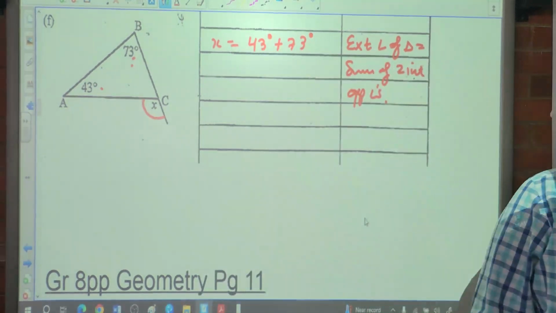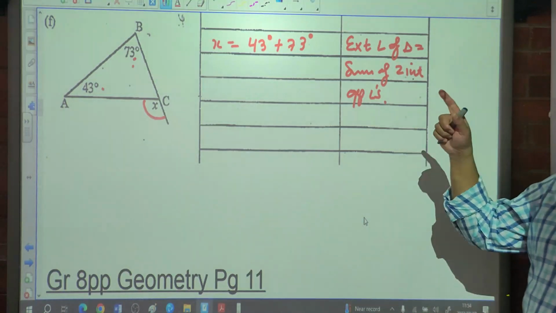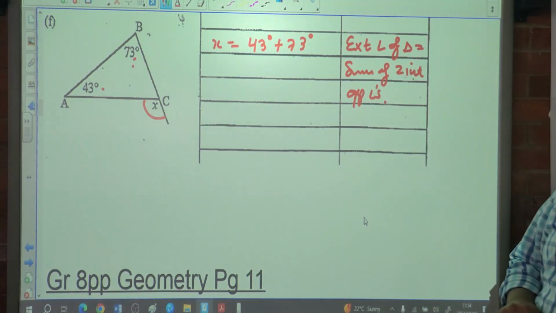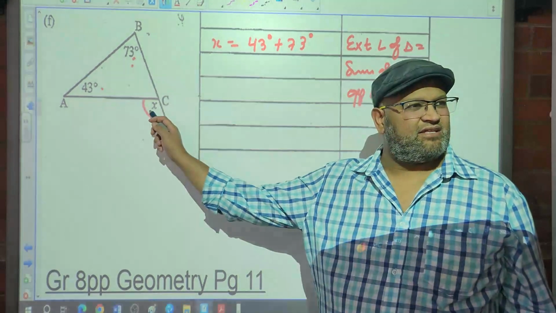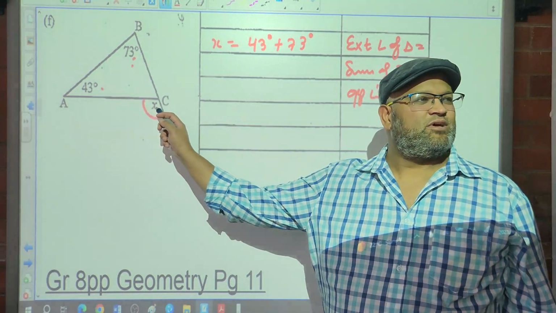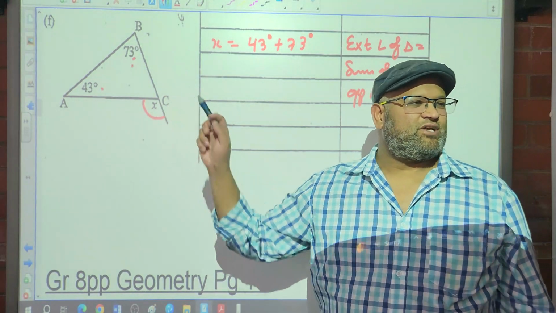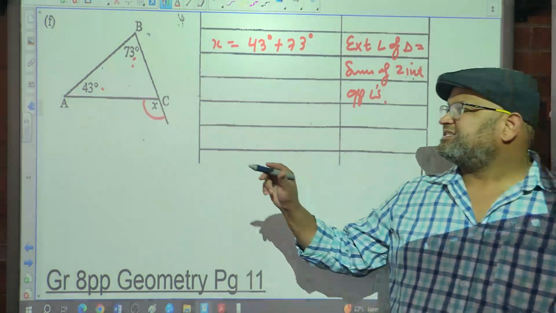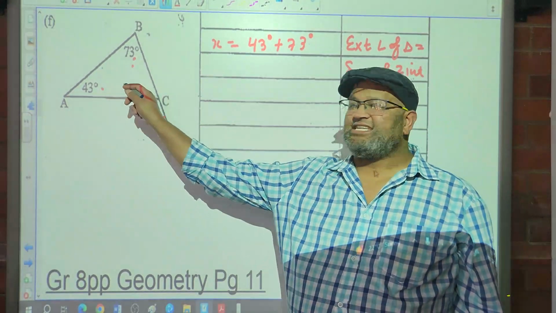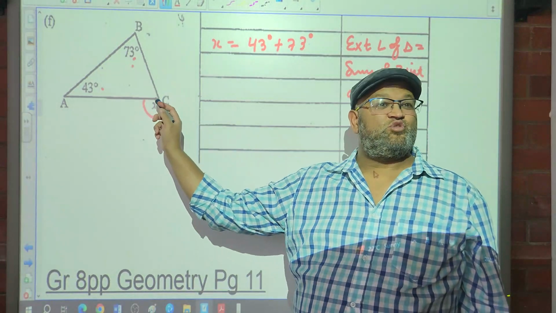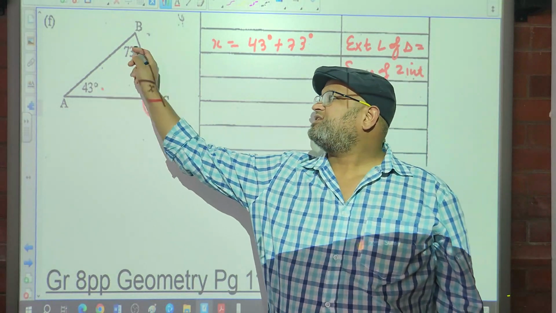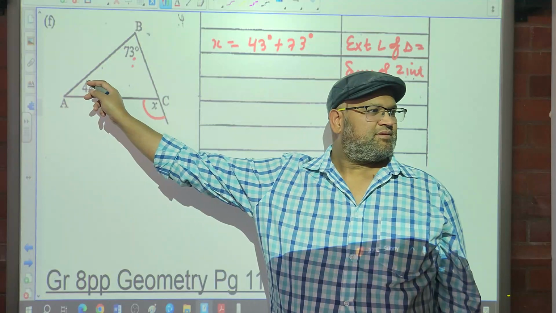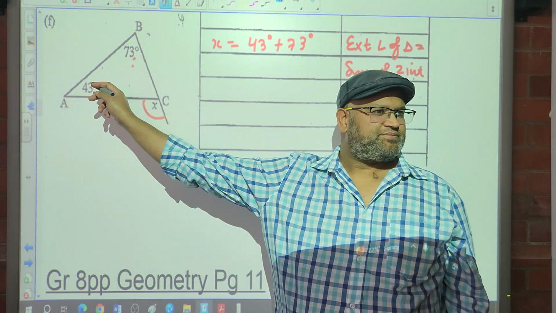Fairly long reason, not so. So what is it? The exterior angle of a triangle, which means to say it's the outside angle, is equal to the sum of, what does it mean to take the sum? I must add it. The sum of the two interior, inside the triangle, the two interior opposite angles. Can you see that, people?